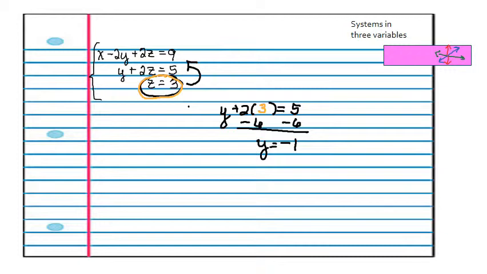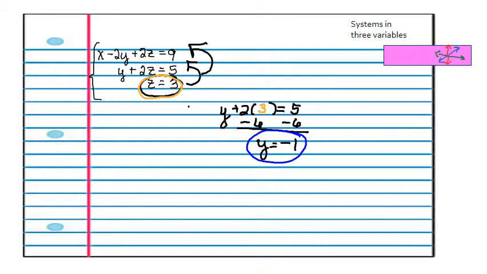So now we have what y is. And we're going to back substitute that into, you can do either one. No, you can't, because we're looking for x. Silly me. I have to back substitute into the very first one at this point, because we have to go find x.